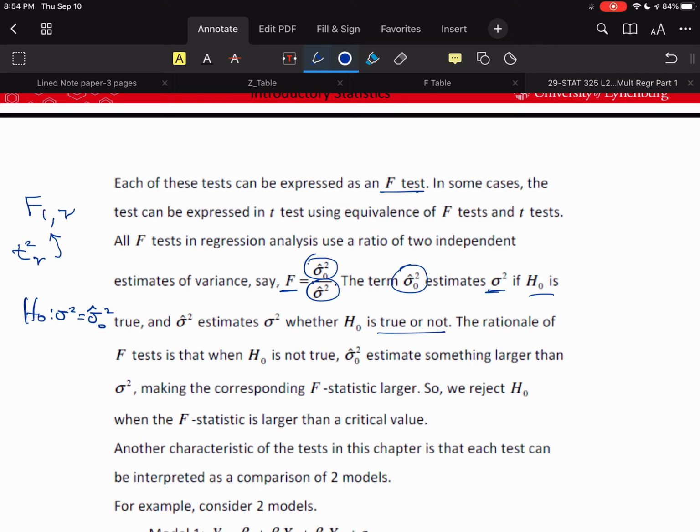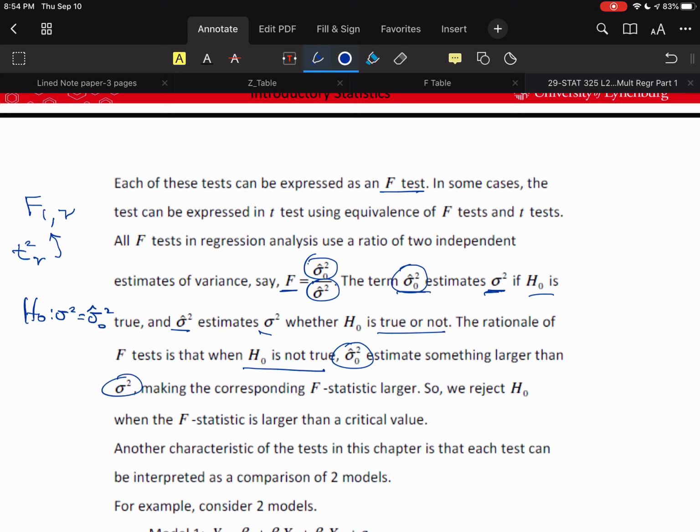Okay, so if H naught is true, then this term estimates sigma squared. Whether or not H naught is true, sigma hat squared estimates sigma squared. All right. The rationale of the F test is that when H naught is not true, this estimates something larger than sigma squared.